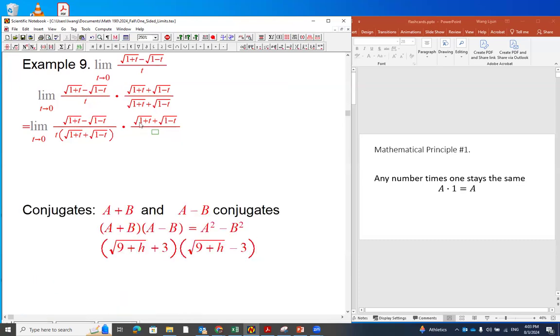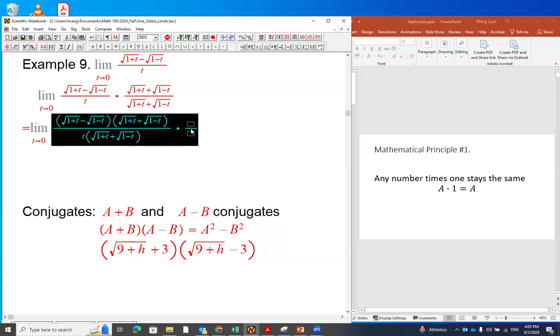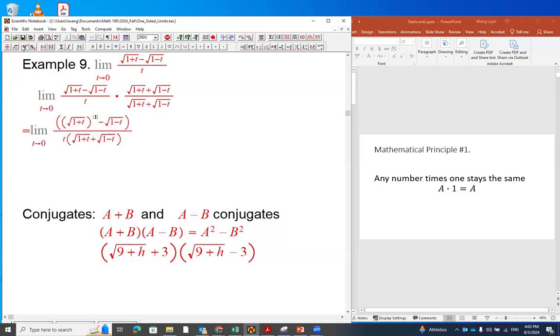So this piece multiplied by that piece. Multiply these two pieces, and what do we get? We get a squared minus b squared. So this is a and this is the b. So now we're going to focus on doing a squared minus b squared.